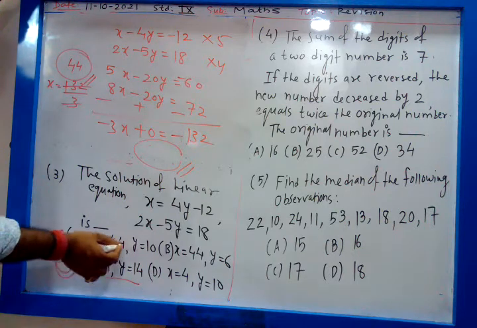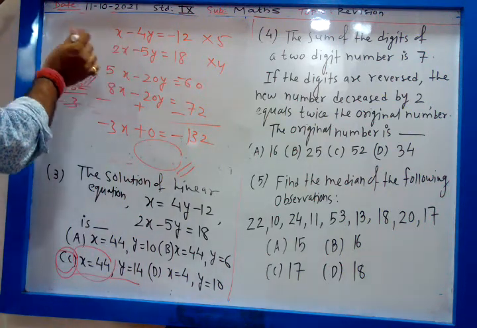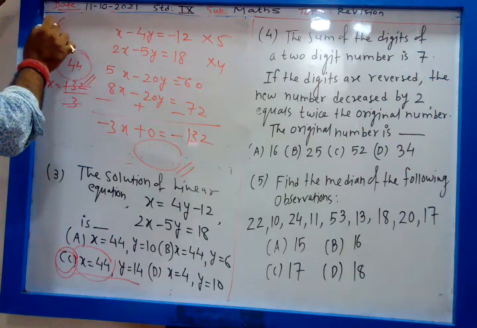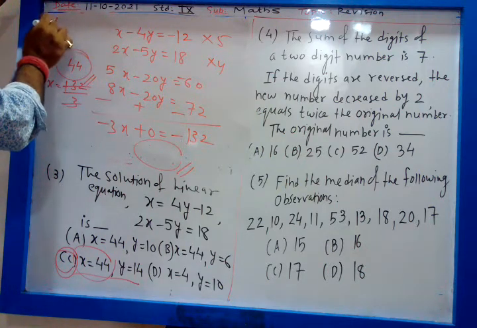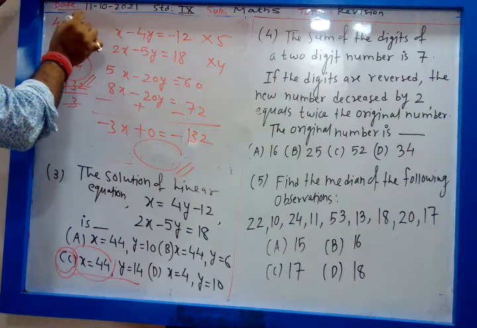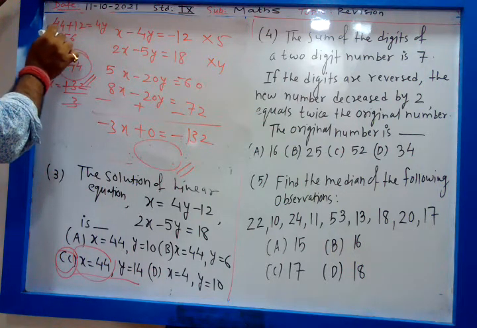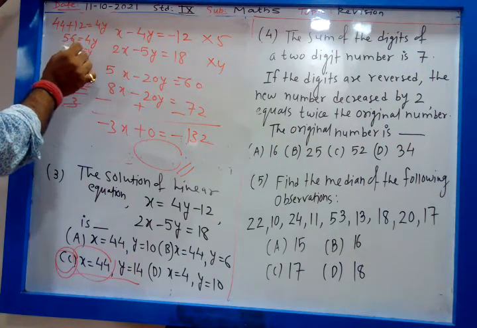When you put x is equal to plus 44, 44 plus 12 is equal to 4y. 56 is equal to 4y. 56 divided by 4, 14 is equal to y.